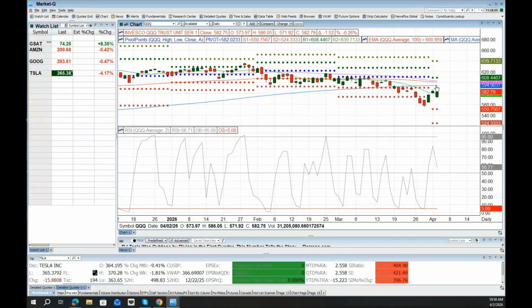The way I look at it, the market is not a Gaussian bell curve. It has tails on both sides. If I could draw on here, let me see. The left side for me represents the losses, and the right side represents the gains.